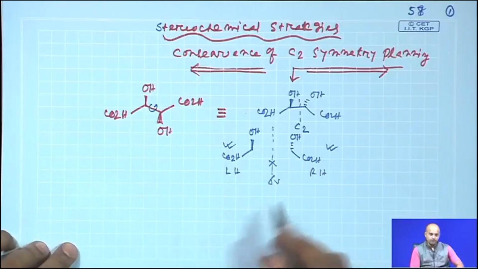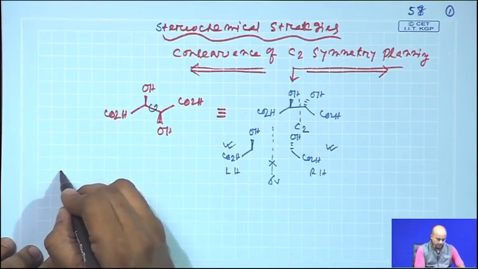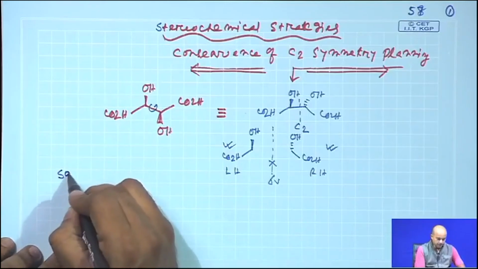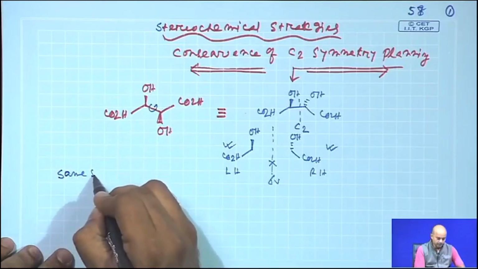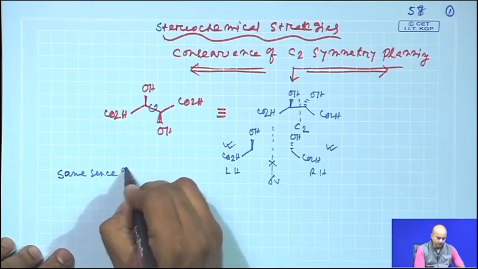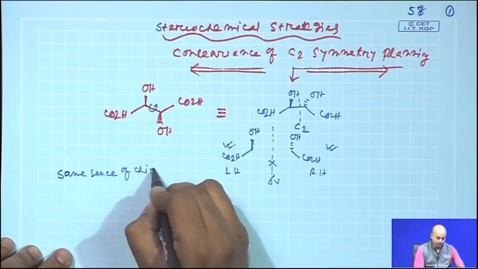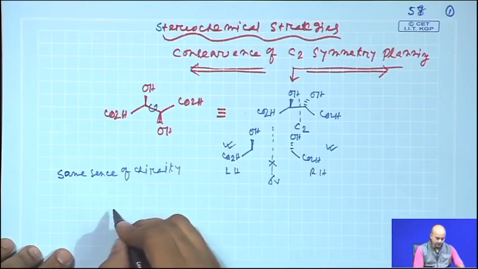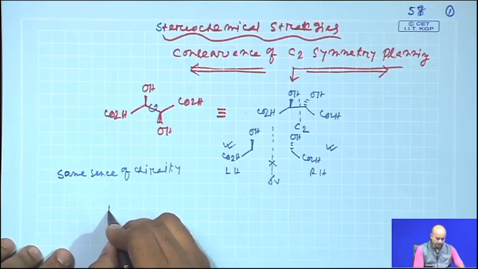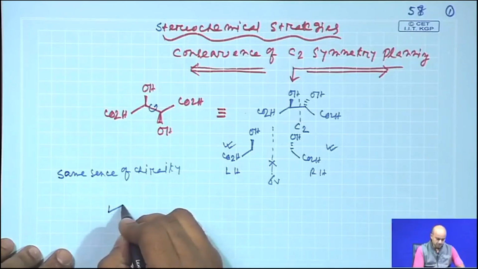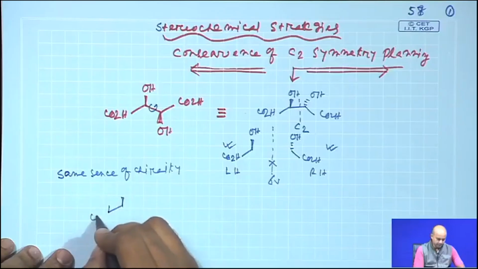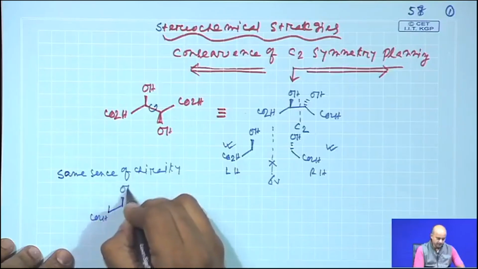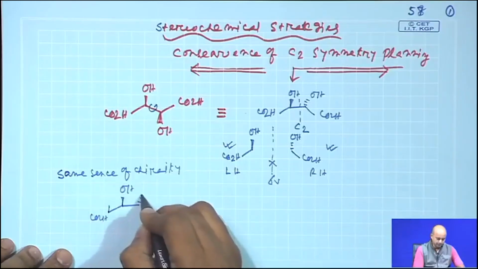For C2 symmetry, the same sense of chirality is very important. So, in terms of C2 symmetry, let us take the tartaric acid example.